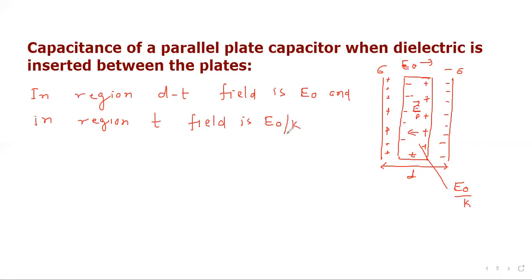Now we are going to apply the concept of potential difference. So we know that V equal to E into r.